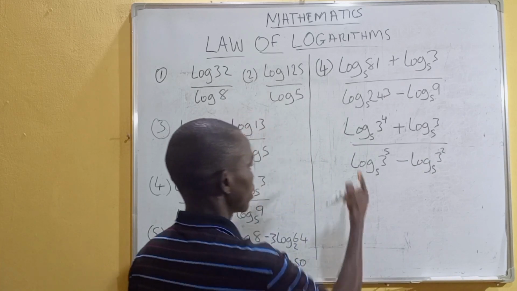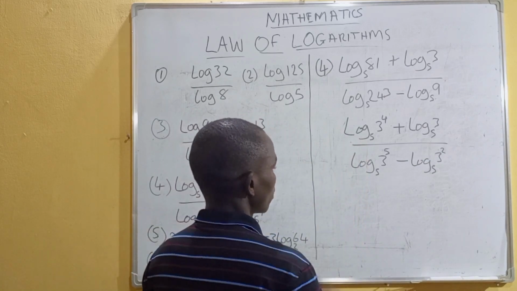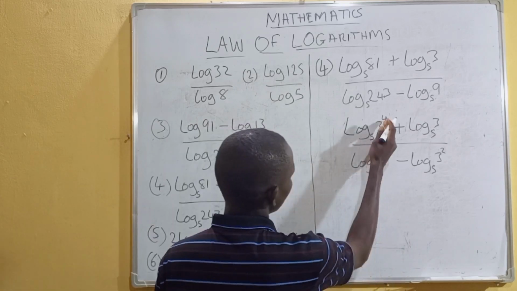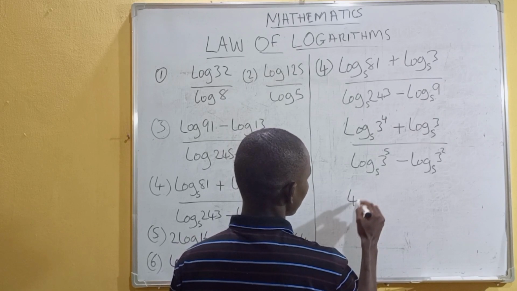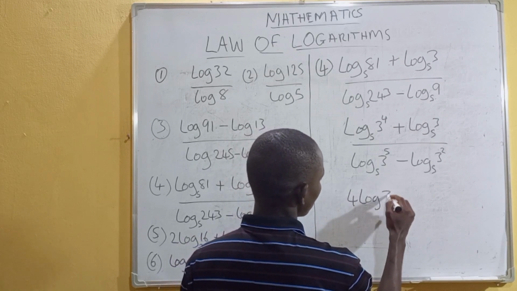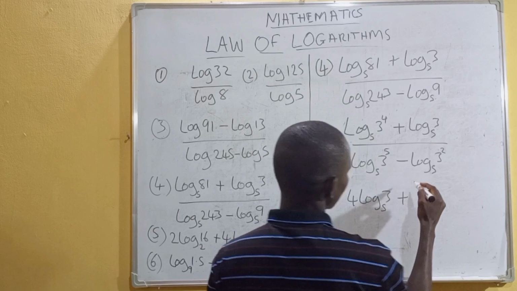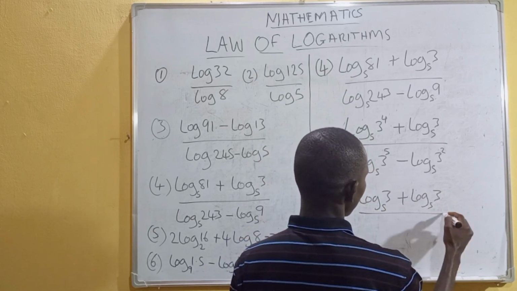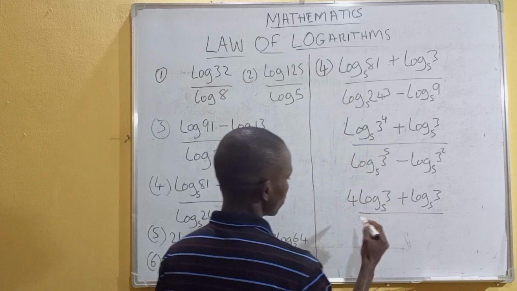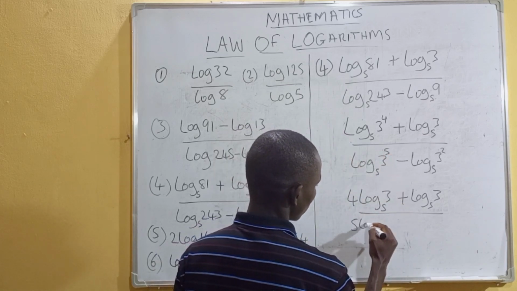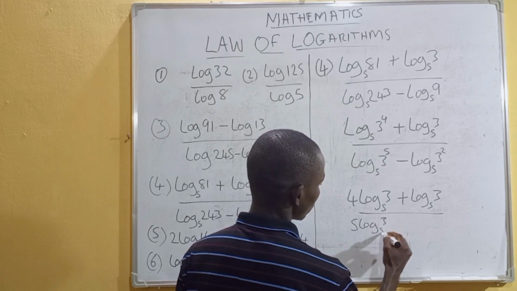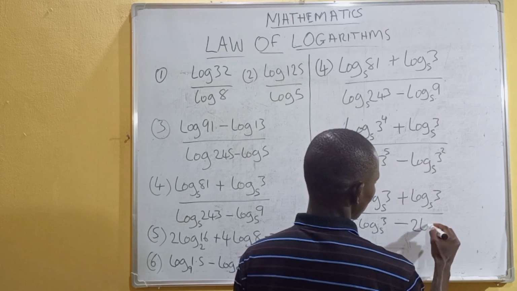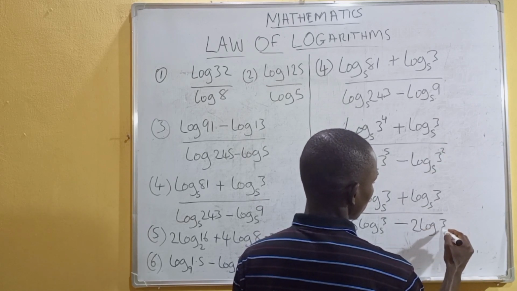So from here, this is a power law, this is a power law, and this is a power law. This will now be 4 times log 3 with a base 5 plus log 3 with a base 5, divided by 5 times log 3 with a base 5 minus 2 times log 3 with a base 5.